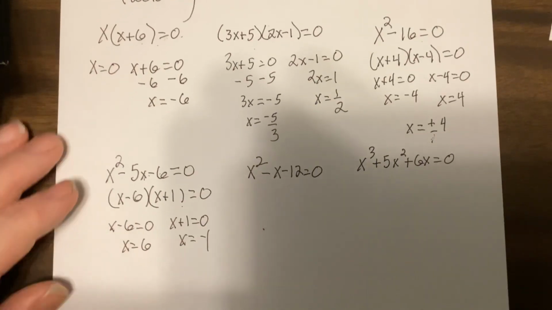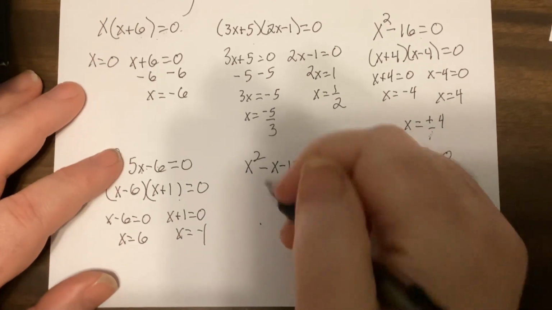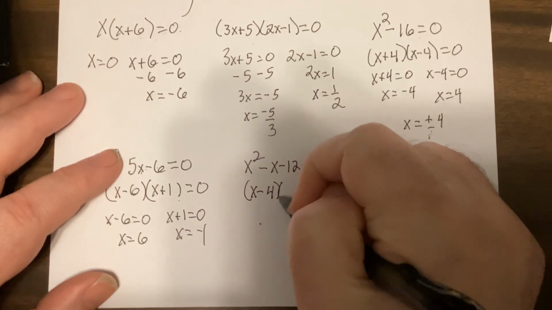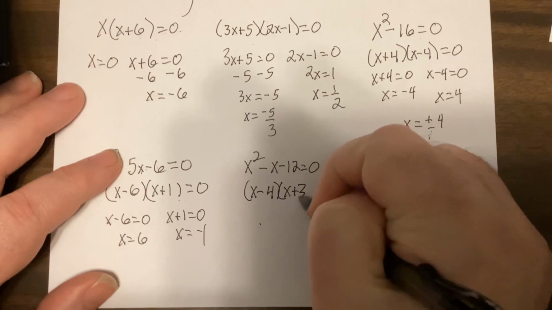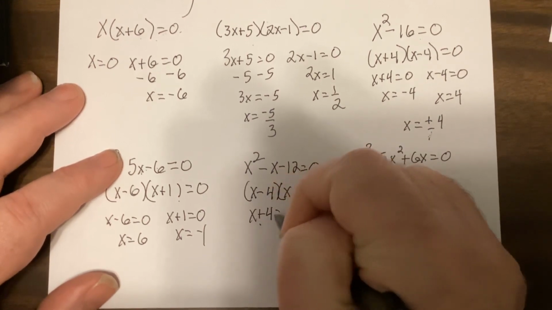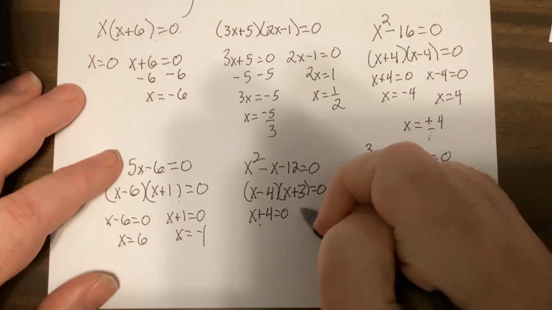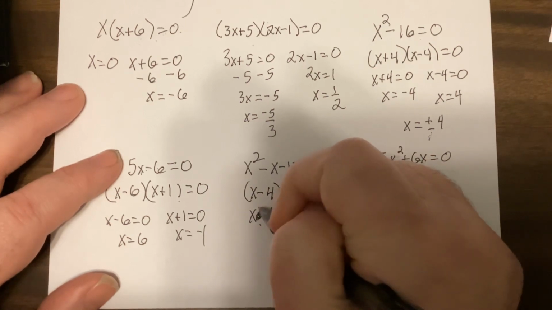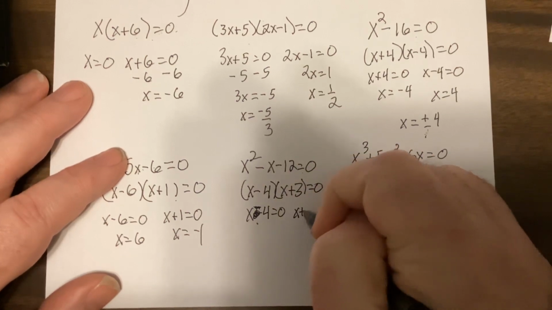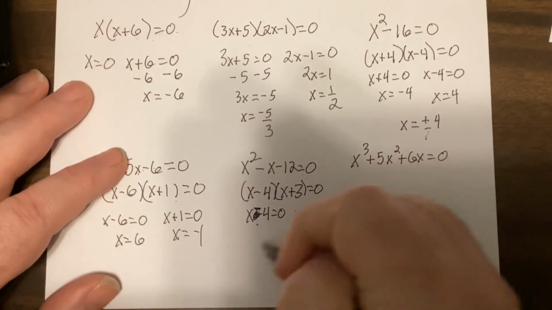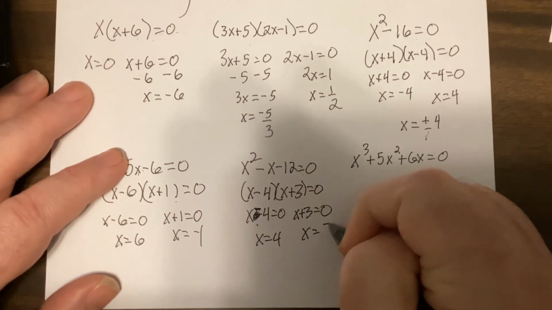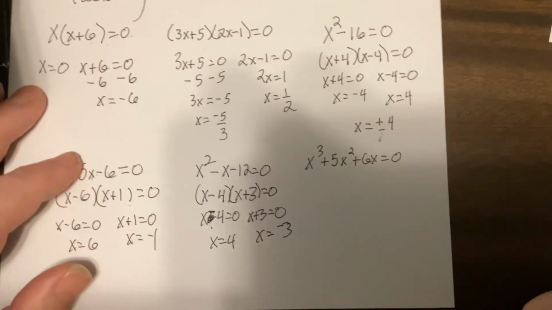Okay. So here, I've got something equals 0. Don't have a product, so I'm going to factor it up. So x plus 4 equals 0, or x, I'm sorry, that's x minus 4. Wrote it right and then copied it wrong. x plus 3 equals 0. So x equals 4, x equals -3. Did you get that right, my students?